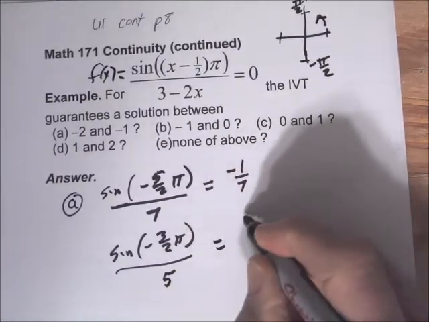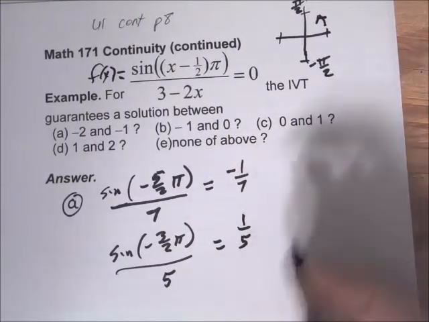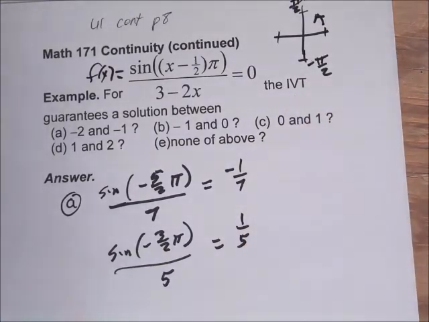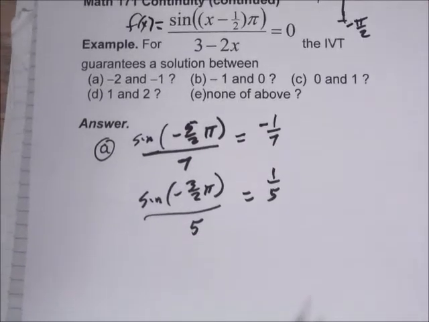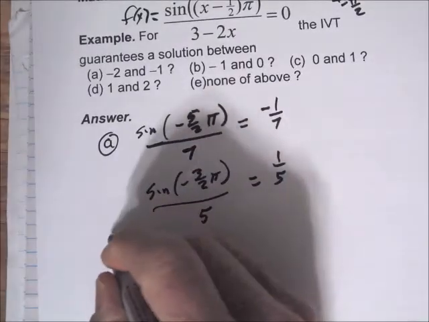So this will be 1/5. So we do have a sign change there between x equals -1 and x equals -2. Let's see if there are some additional sign changes here.